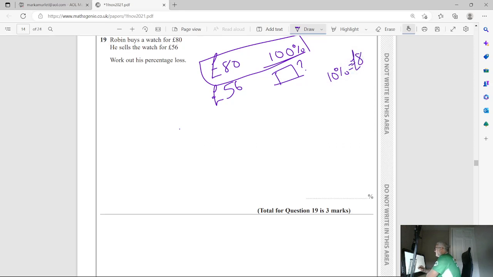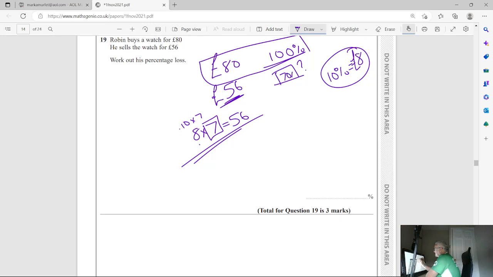So let's think about this. 56, 8. So 8 times what would equal 56? 8 times 7 would equal 56. So remember, 10% is £8. So if that's 10%, 10 times 7 will give me 70%. So that's a way to try and picture it to find out what the percentage is.